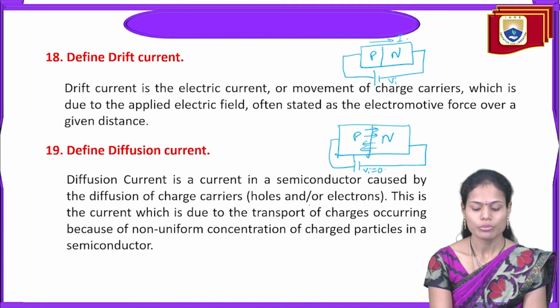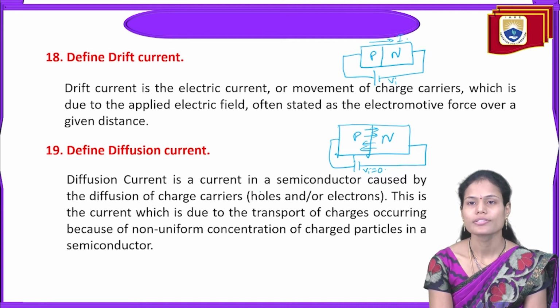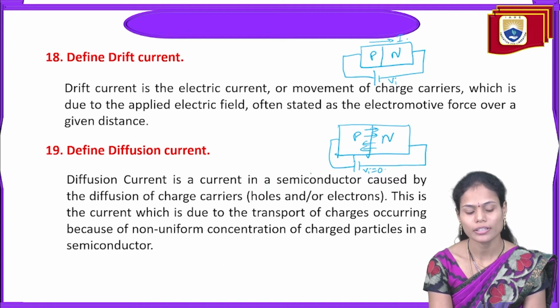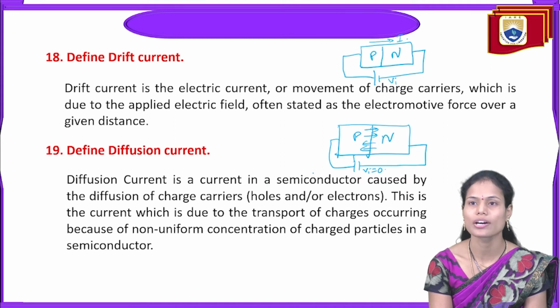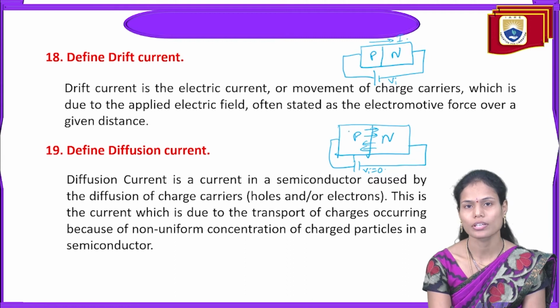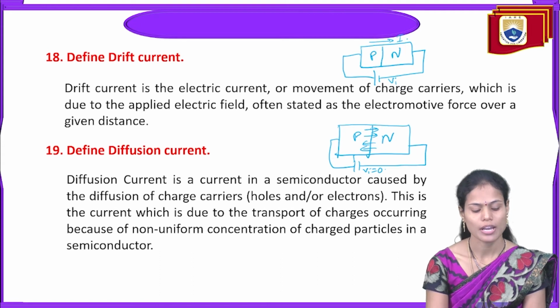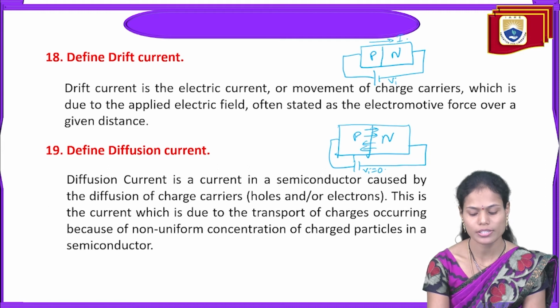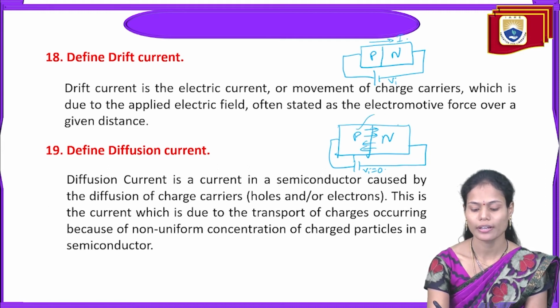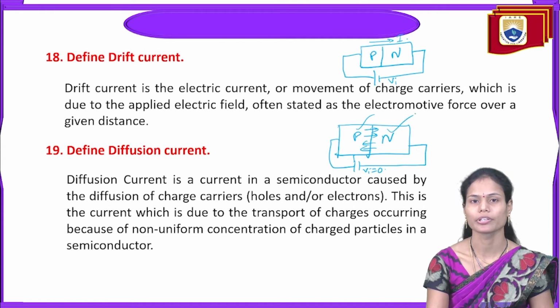Diffusion current is a current in a semiconductor caused by the diffusion of charge carriers, that is, movement of charge carriers, electrons or holes. It is due to the transport of charges occurring because of non-uniform concentration of charge particles in a semiconductor material. Here P and N are the semiconductor materials.